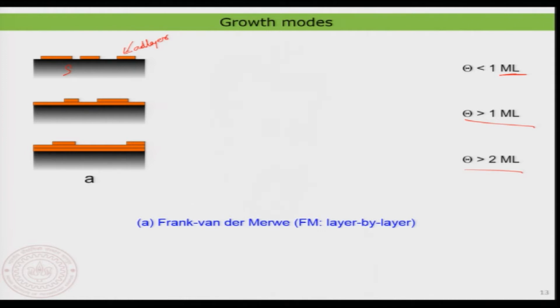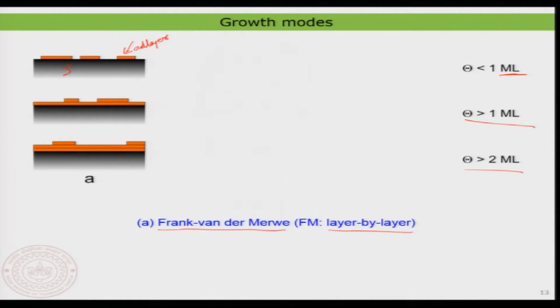Now, there is a first type of growth which is known as layer by layer growth. That simply means that the first layer is formed first. Now, you increase the coverage, the second layer starts to form on top of the first layer. Then you increase the coverage, the third layer starts to form on the second layer, and so on, which is simply known as layer by layer growth, and which is also generally known as the Frank van der Merwe type of growth.